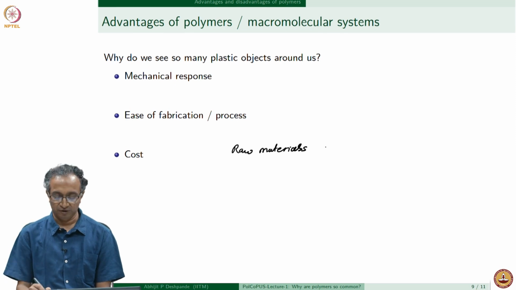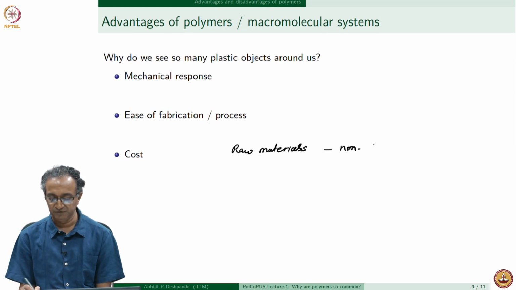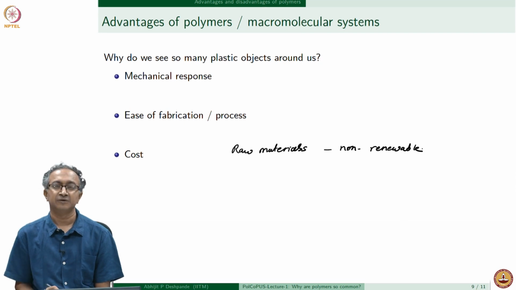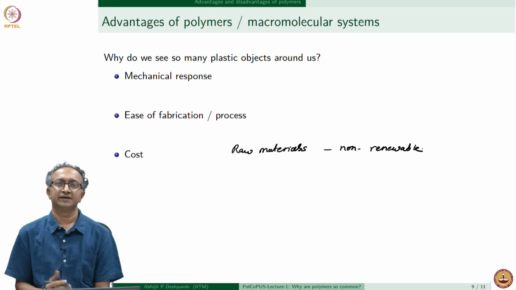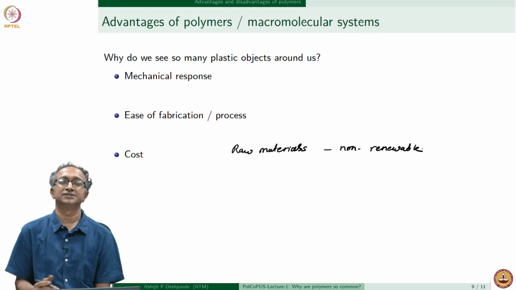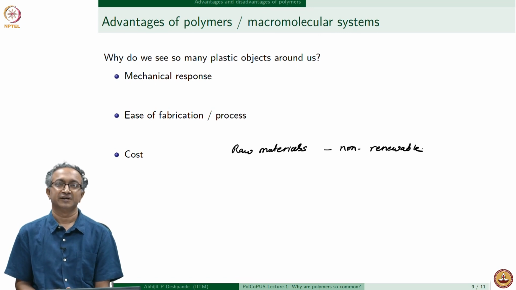We use mostly non-renewable raw materials which come from petroleum. Since petroleum's key products are aviation fuel, petrol and diesel, these byproducts are inexpensive, and they are what gets used for making plastic. Therefore, raw materials for plastic manufacturing are extremely inexpensive, and plastics themselves also end up being very low cost.